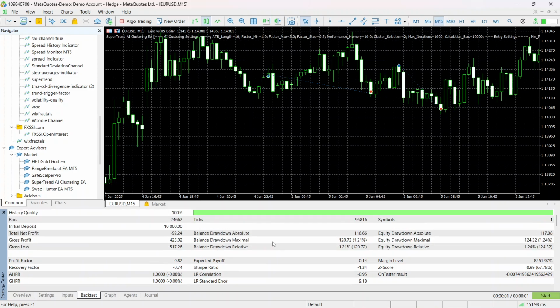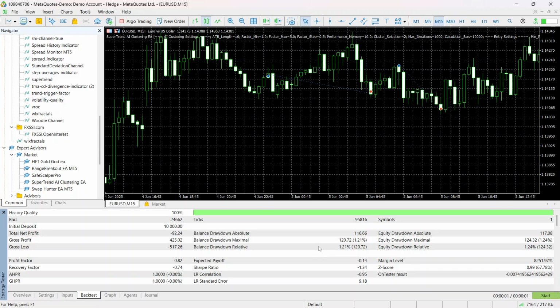What are its nuances? Expect slippage and spread impact in live trading, especially on lower time frames. News can cause whipsaws, and as always, optimization is required.